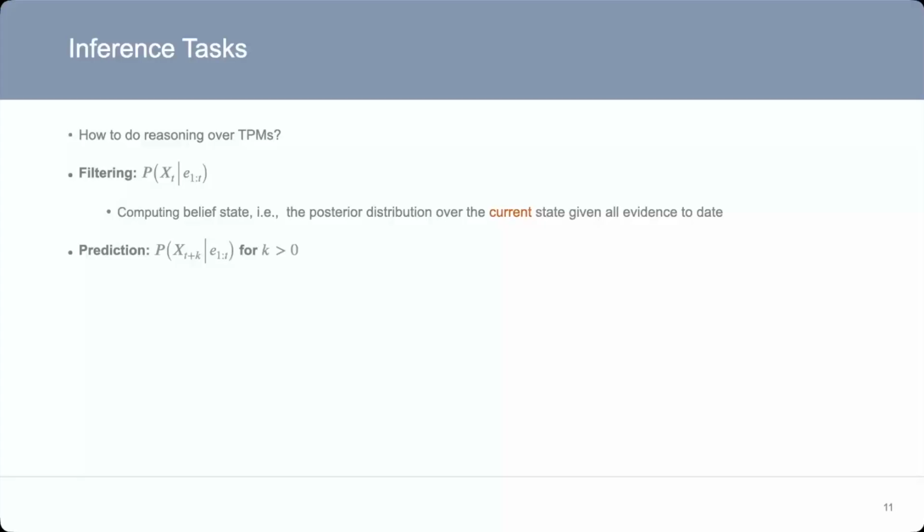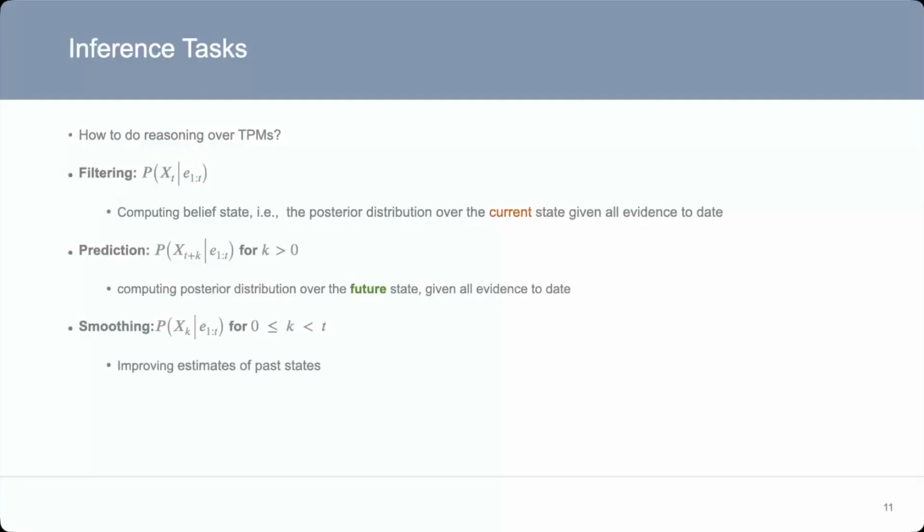We can do prediction. That is, we can estimate future states given the current evidence. Mathematically, we can write it as the probability of xt plus k given e1 to t for k greater than 0. We can do smoothing, which basically improves the estimate of the past states after seeing more data.